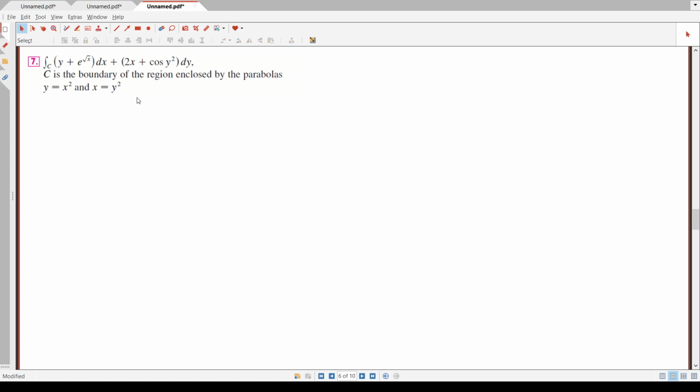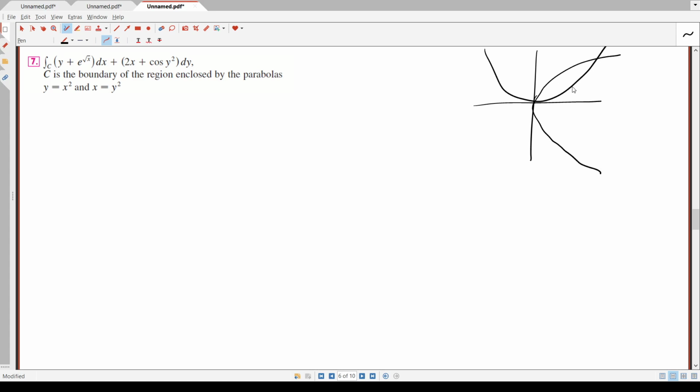I'm just going to sketch this because I'm going to have to sketch it eventually. So y equals x squared looks like this. And then x equals y squared looks like this. So this is the region I'm interested in.